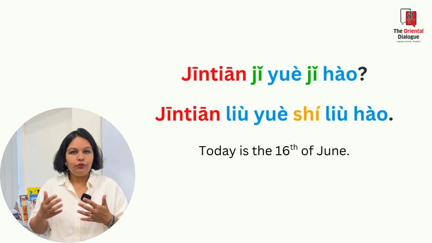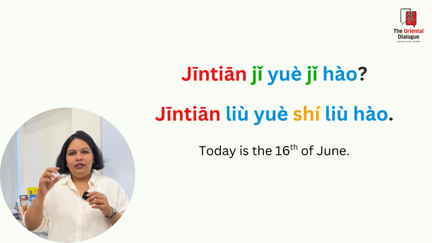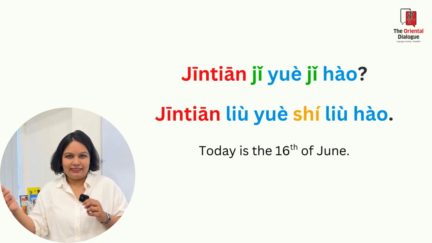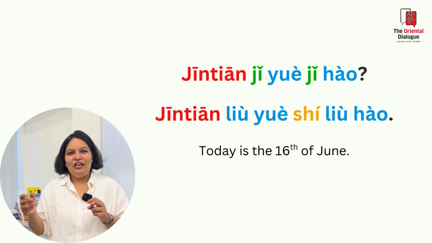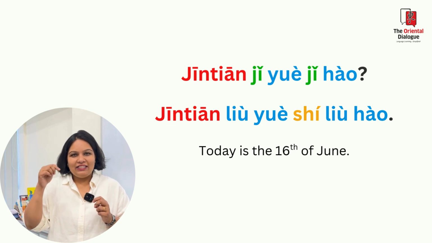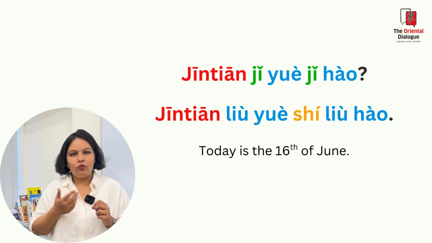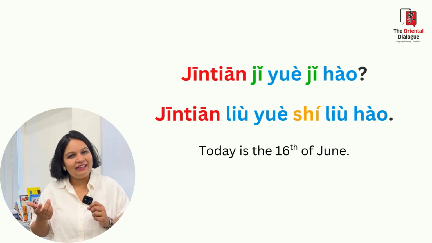Now, how do you ask for a date? The Chinese people don't ask which month it is. They will say, how many months is it? So they will say 今天, today, 几月, how many months, 几号, how many dates.